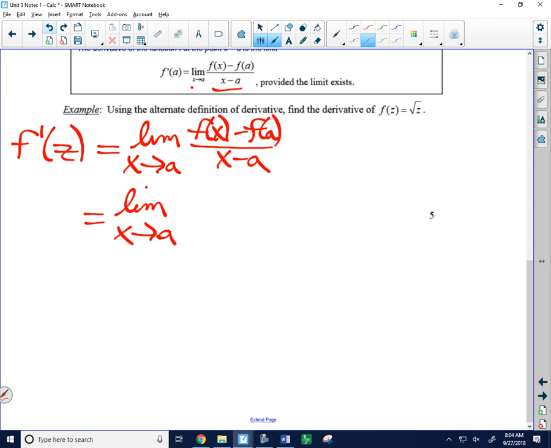Some of the substitution on this is actually slightly easier. This is just f of x, so you plug in x here. You plug in x for 0. So it's radical x, minus f of a, where you plug in a, so it's radical a, over x minus a.